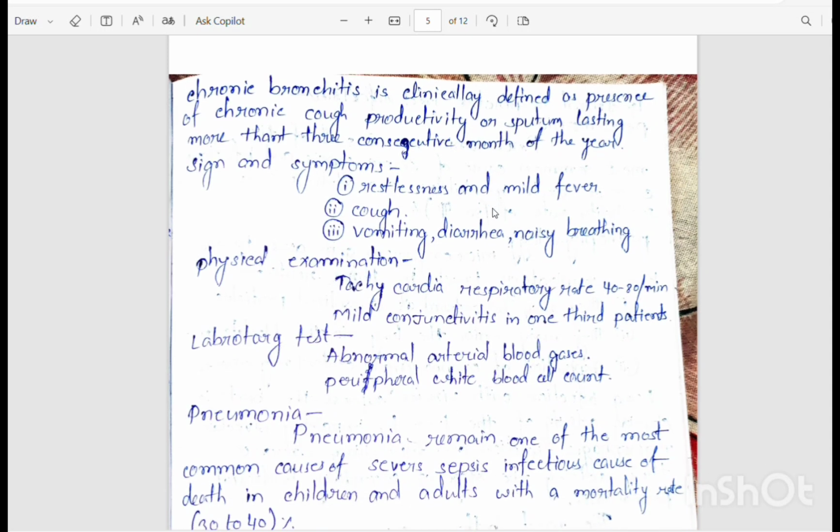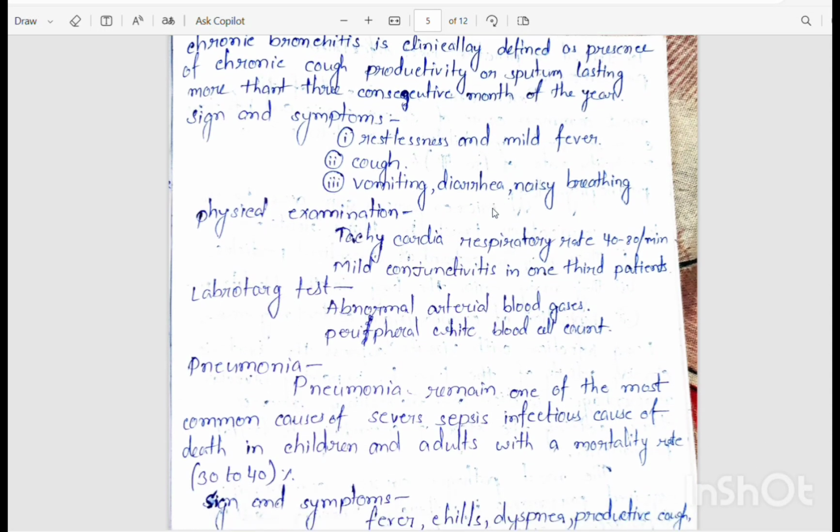The signs and symptoms are that the person will feel restlessness, mild fever, and cough. Vomiting, diarrhea, nausea, and breathing difficulty are also symptoms.